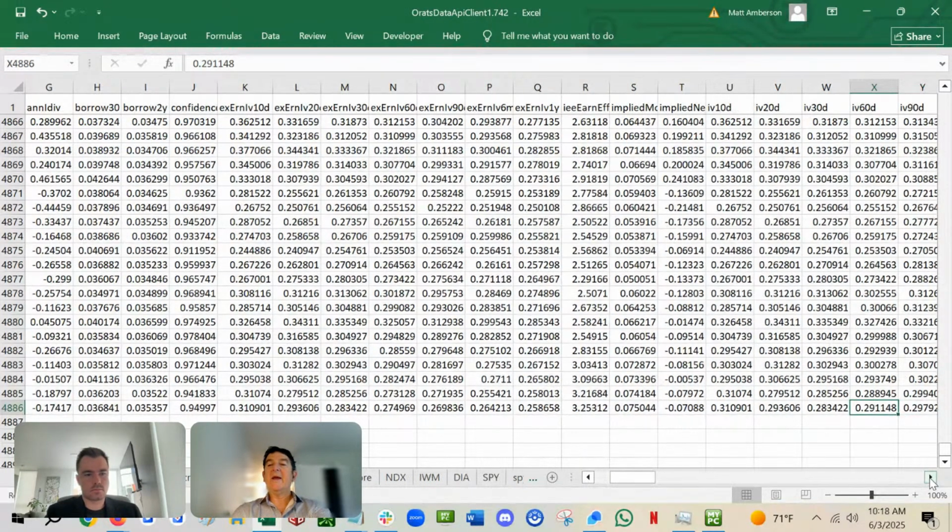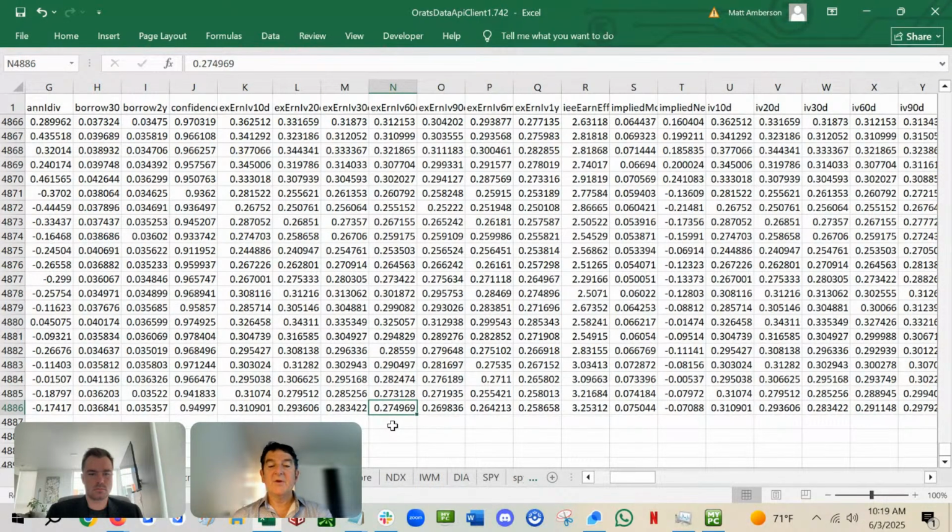So for the X earnings, we have a way to take out the earnings effect and draw a skew that is rational, and that takes out earnings implied volatility. You can see it's 29 in the raw number at 60 days out, but the 60 days out is 27.5 for the X earnings.